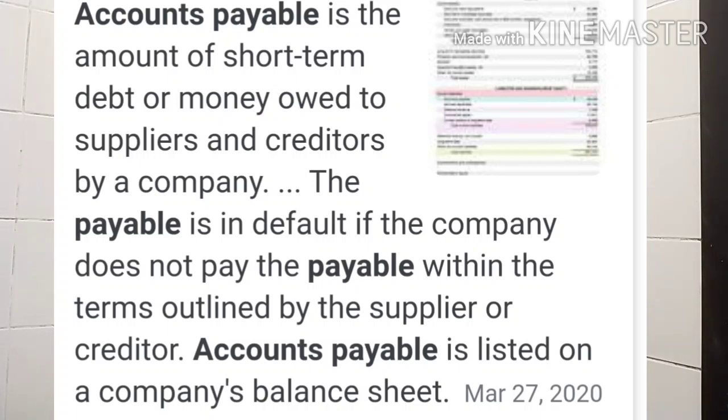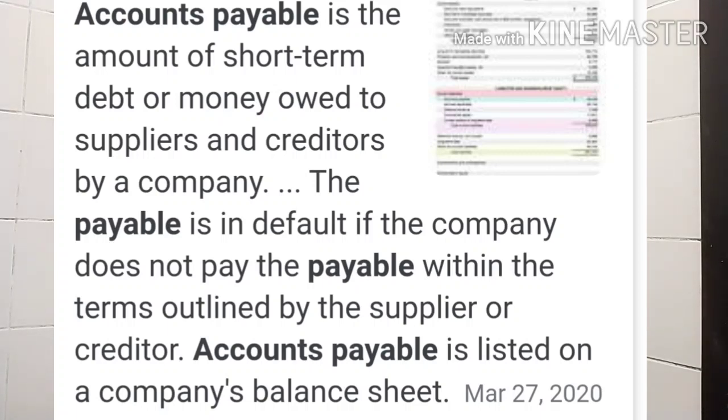Liabilities have a normal balance of credit. A normal balance of credit means once you create an entry, if it's a liability, it increases on the credit side, and once your liability decreases, you have to put it on the debit side.